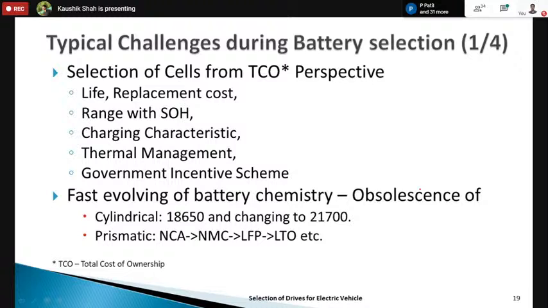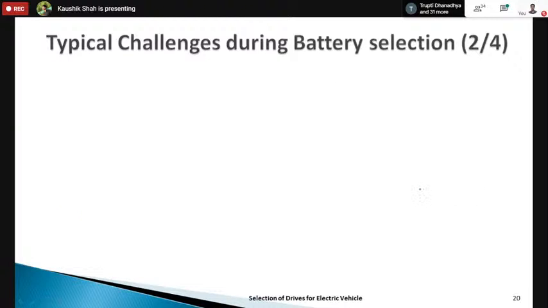You should look at the number of dependencies with suppliers to ensure that you can continue for the life of the vehicle, because it's 10 to 12 years, and this is changing very fast. So this is a bigger challenge in making it work on the ground. Similarly, prismatic also, and there is the pouch cell too, but please take care of this point well.